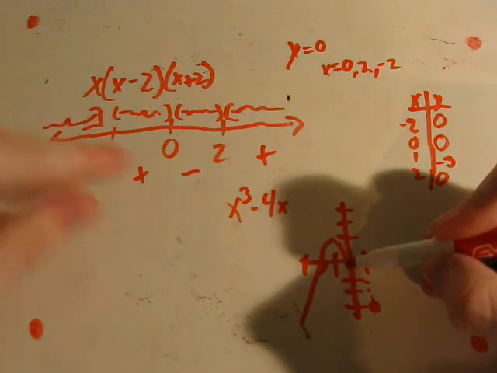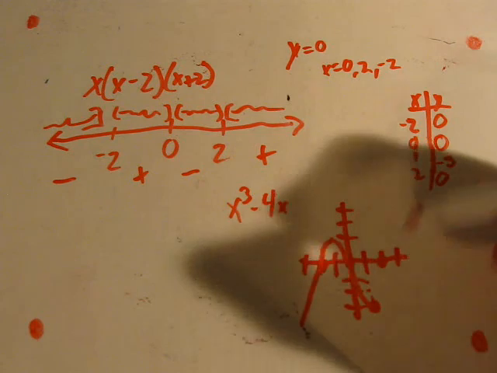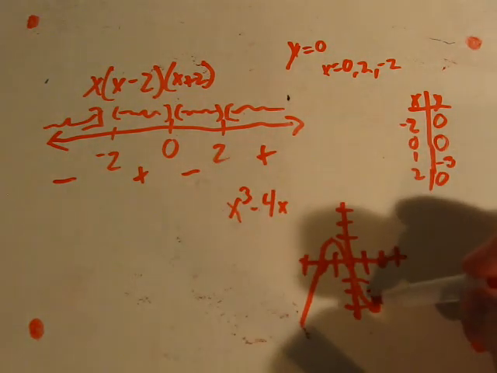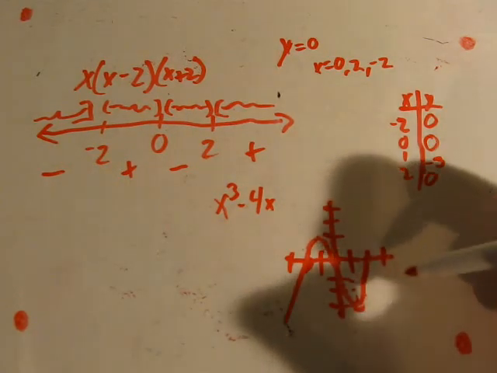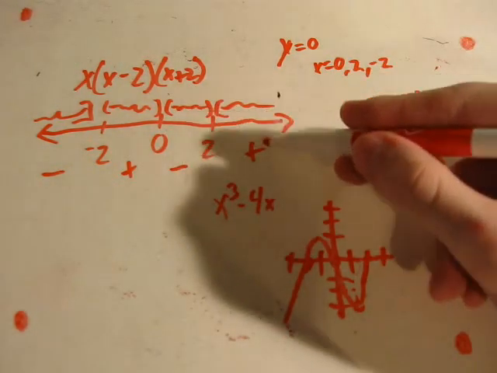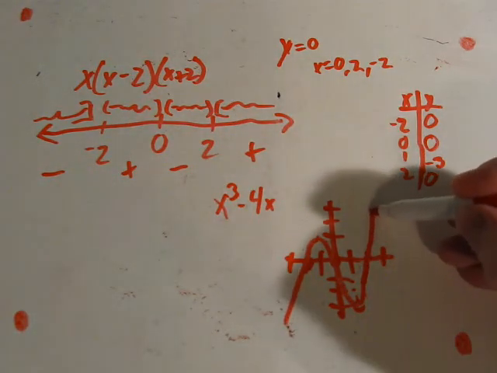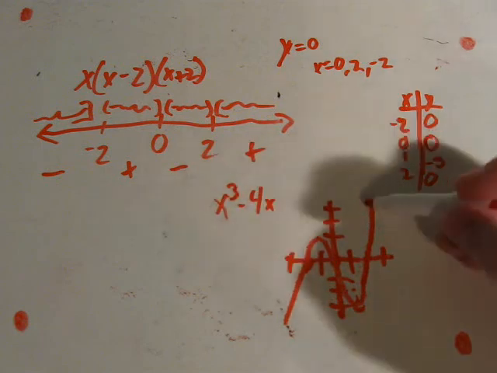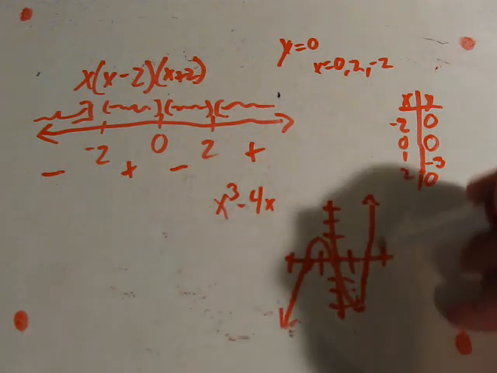Now we go back down below the x-axis, and we're going to hit this point here. That would come then from there. Okay. Now, we've got our plus here, which means we go back all the way up, and that'll be the end of our graph. So it looks a little bit like an S-curve.